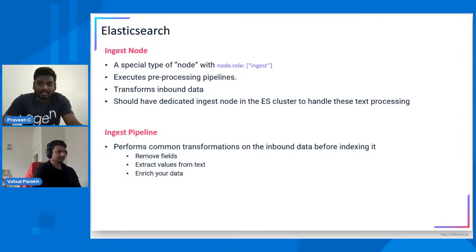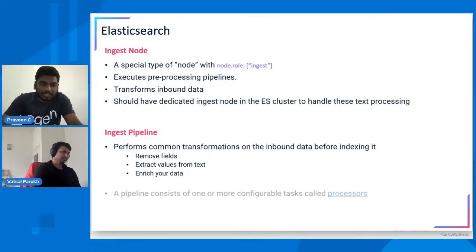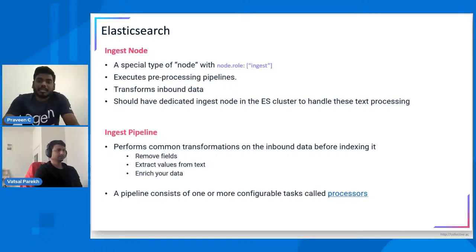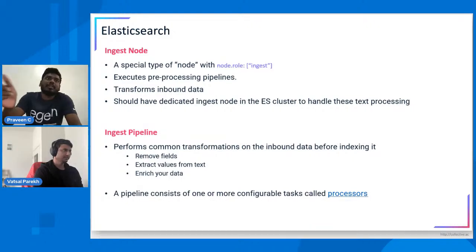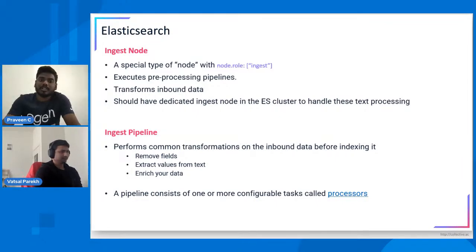Say I don't want the stop words or the punctuation, so we handle those. These can be handled by individual processors in the pipeline. So first we'll have, say, a lowercase processor, and once the text is converted to lowercase, we'll then have another remove the stop words kind of processor. That's how processors work.